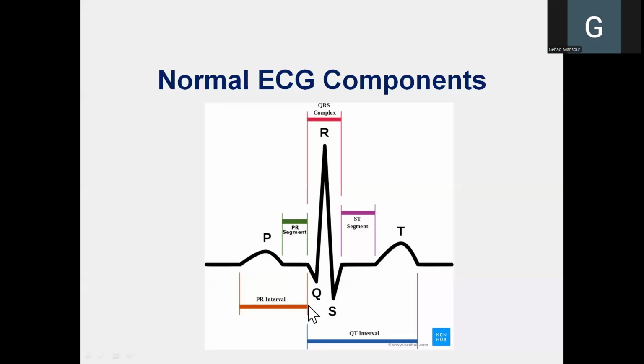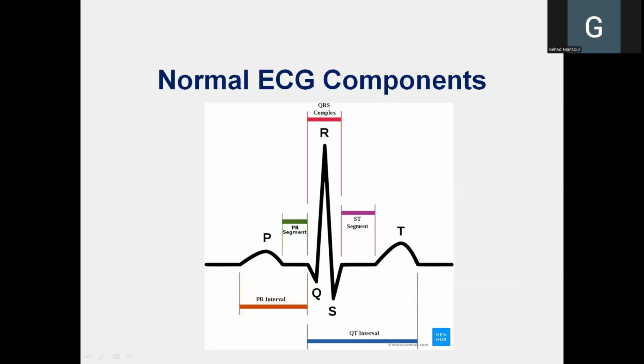The PR interval represents the time needed for the depolarization to spread from the atria to the ventricle. Whereas the PR segment, I'm highlighting it again, represents the time needed for spread from the atria to the ventricles, not along the atrial muscles.